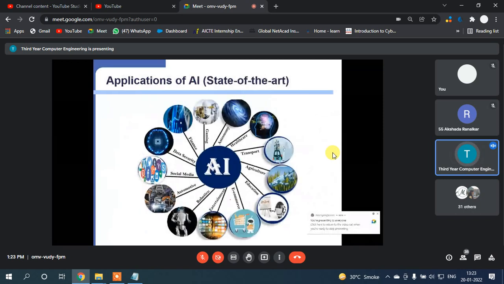Then after that, we have seen the applications of AI. In many previous question papers, the question asked in the exam is to explain the state of the art of AI. So various applications in various areas are called the state of the art of AI. If the question arises in the exam, you can answer with this in mind.